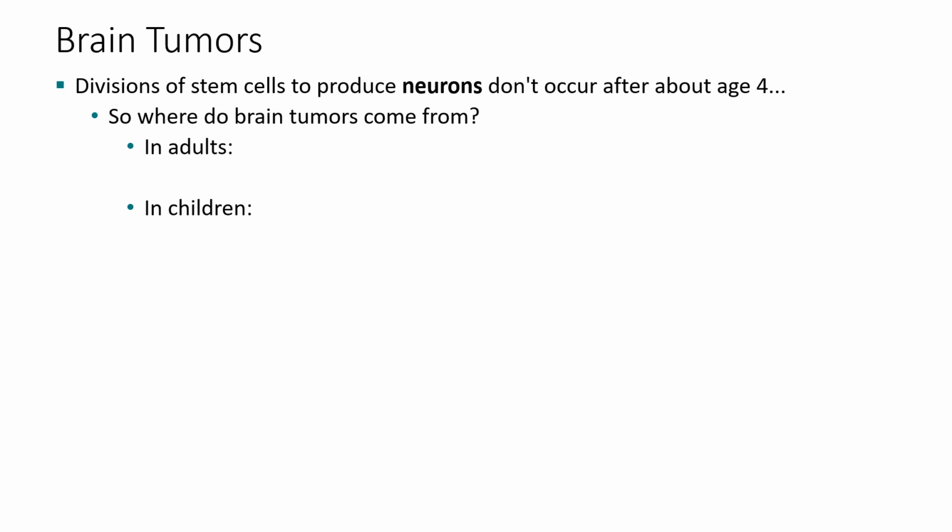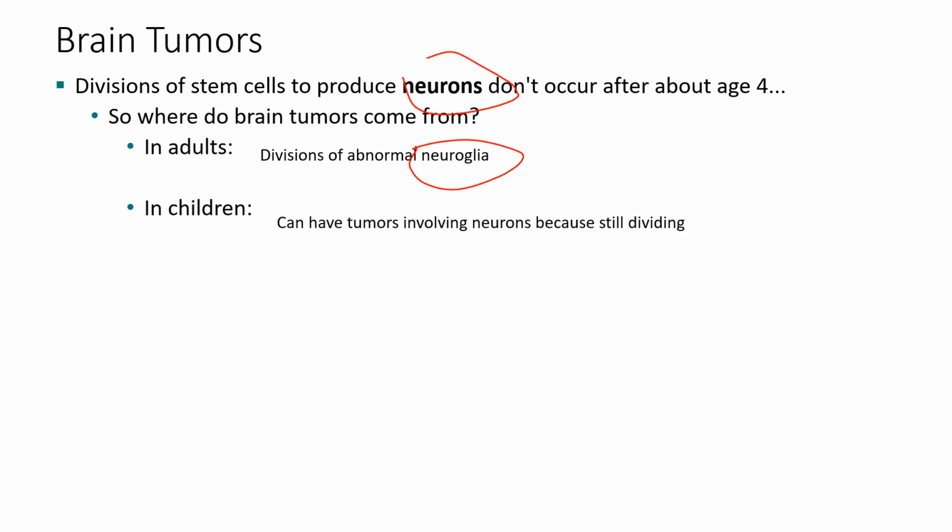So take a minute, pause this, and try and think. There are two different ways that in an adult we would see a brain tumor. So in an adult, remember, in our nervous tissue, we not only have neurons, but we also have those neuroglia cells. The neurons might not divide, but the neuroglia cells do continue to divide in adults.